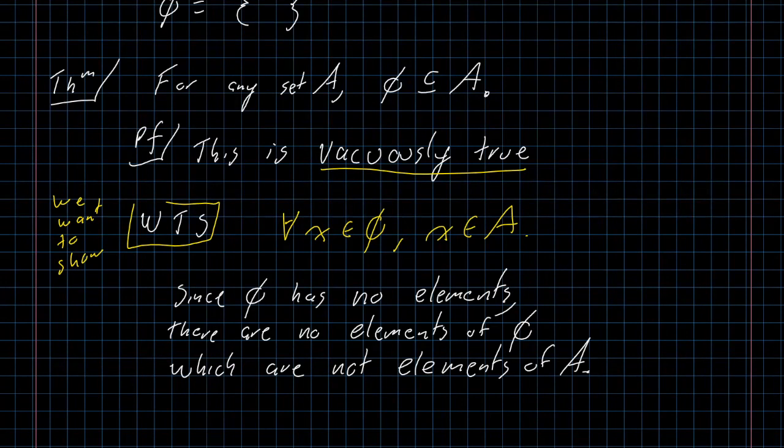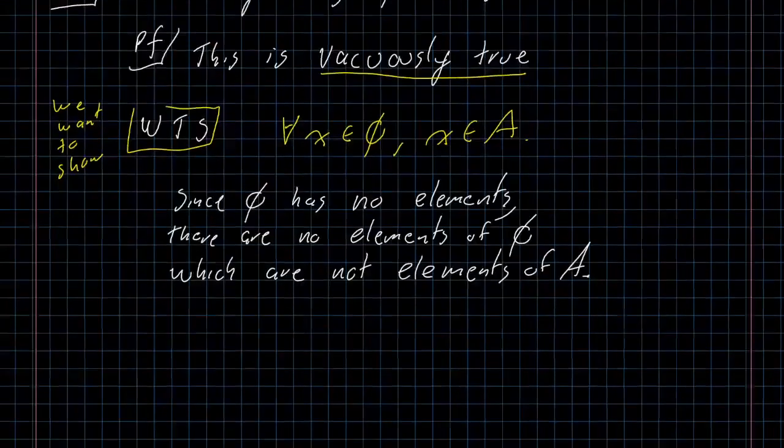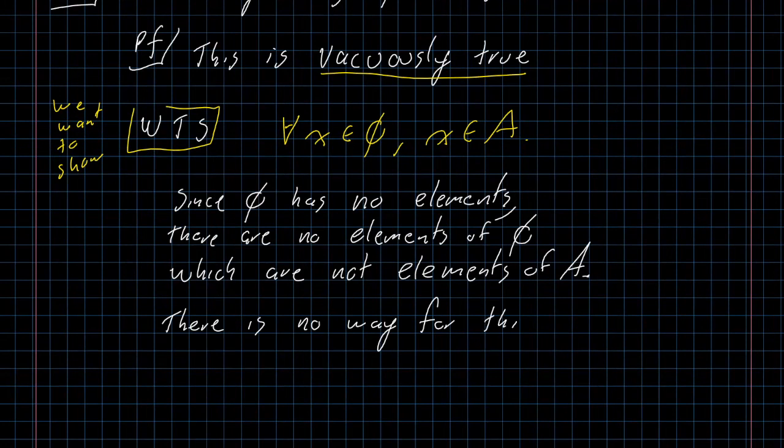Since the empty set has no elements, then that means that there are no elements of the empty set which are not also elements of A. Put a little bit more concretely to our situation, that means that there is no way for this statement to be false.